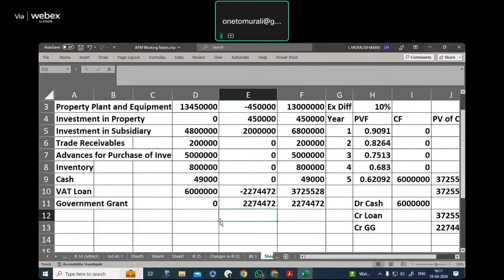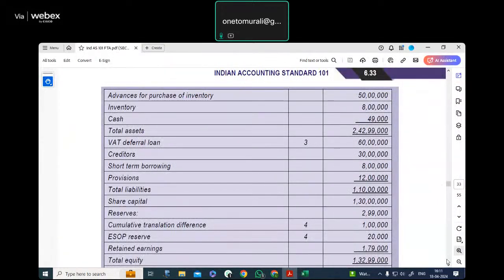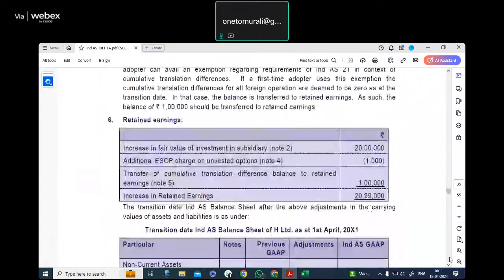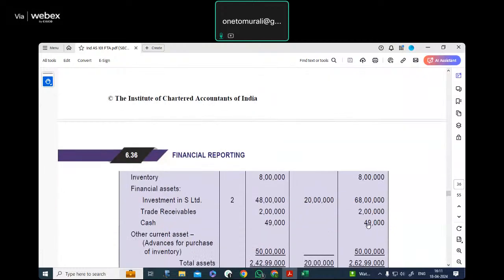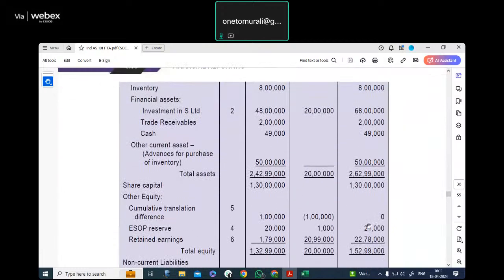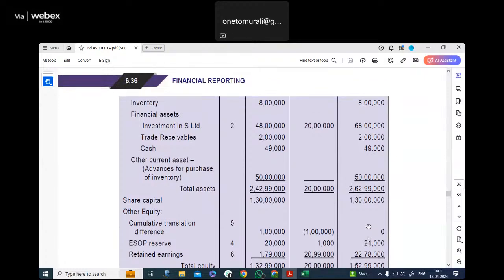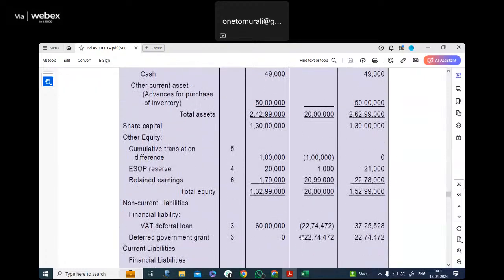So the government grant is booked now at this stage. Now let's see how it is stated in the solution. VAT loan, as it is stated, we have it in the liability side. So I'm not just going by the institute balance sheet directly.